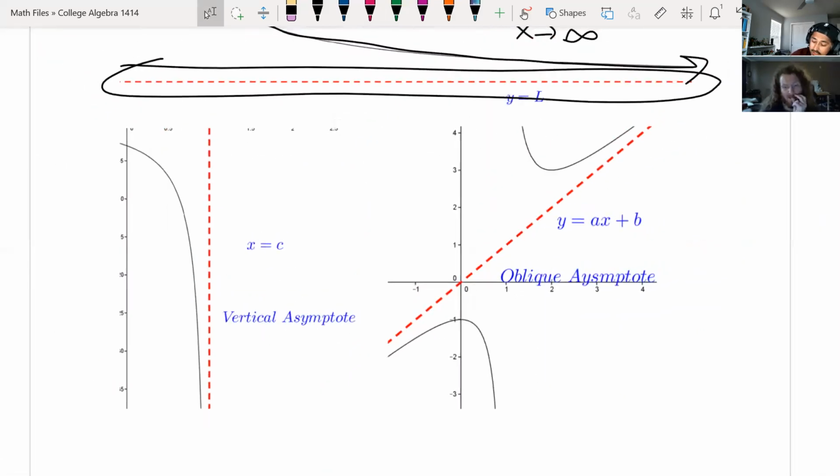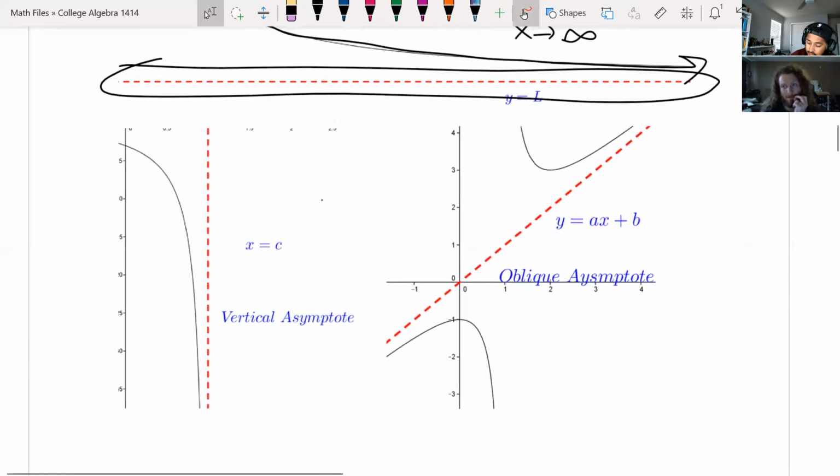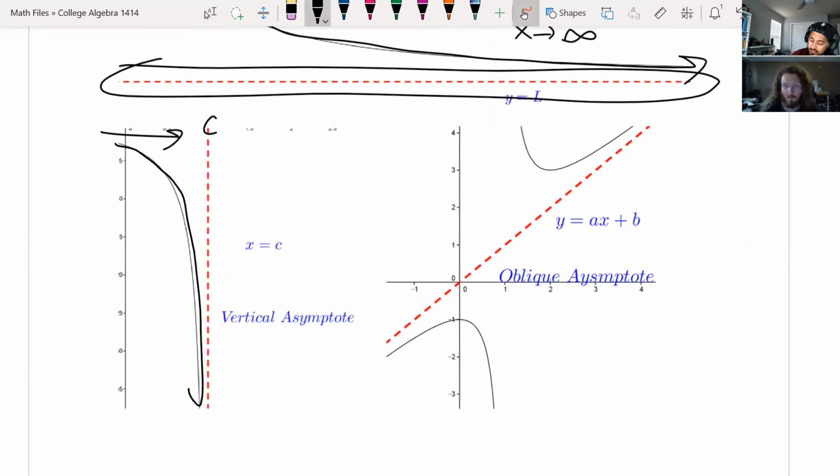So this says as x starts to approach some number c, we see that the graph could head towards negative infinity, or the graph could even head towards positive infinity. So this is a vertical asymptote.